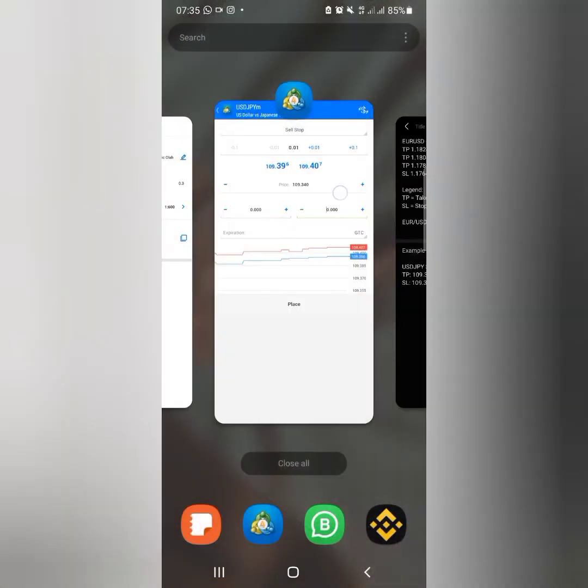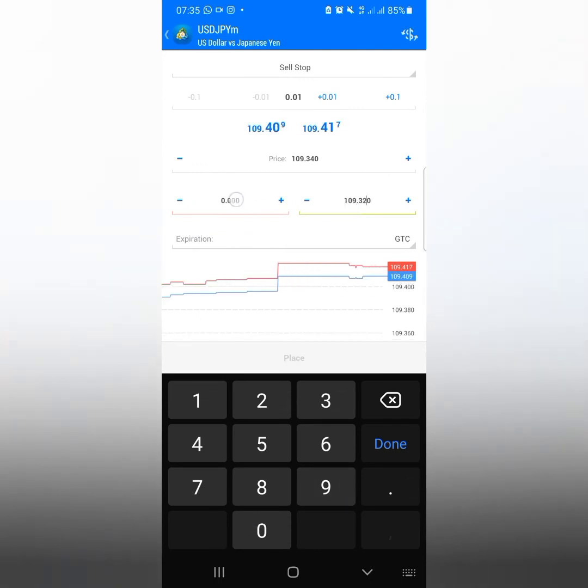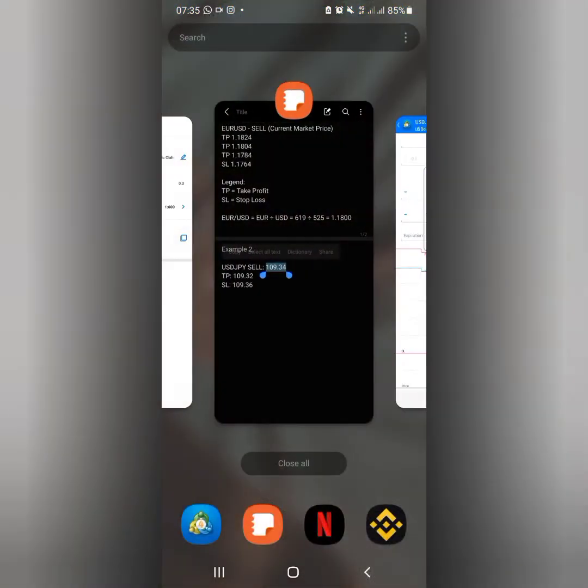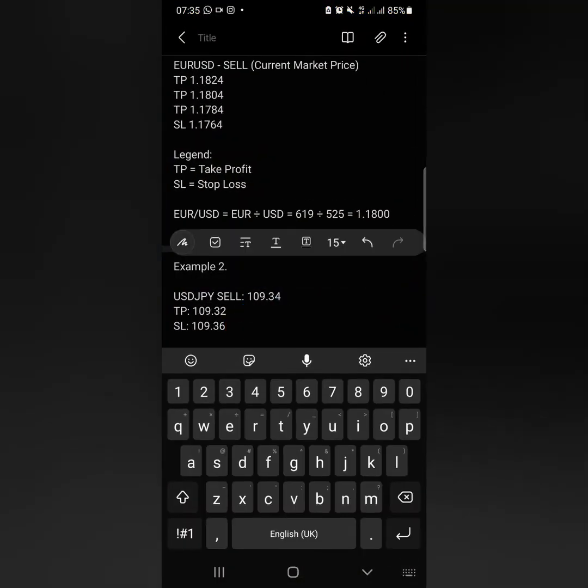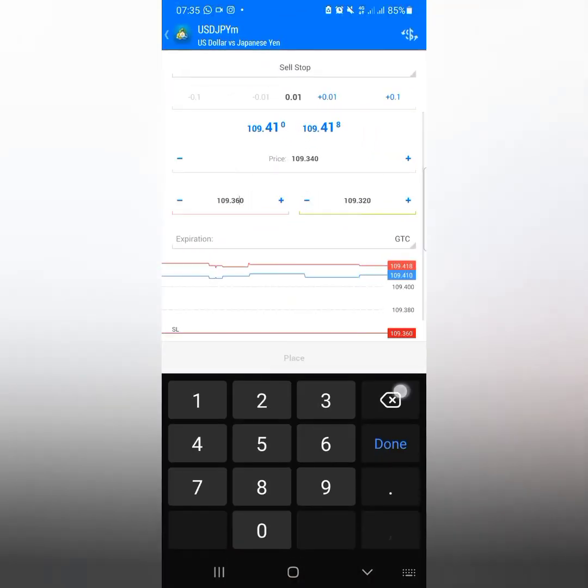Take profit 109.32. Stop loss 109.36. The price has moved up significantly, so I will have to increase my stop loss to, let's say, 109.44.